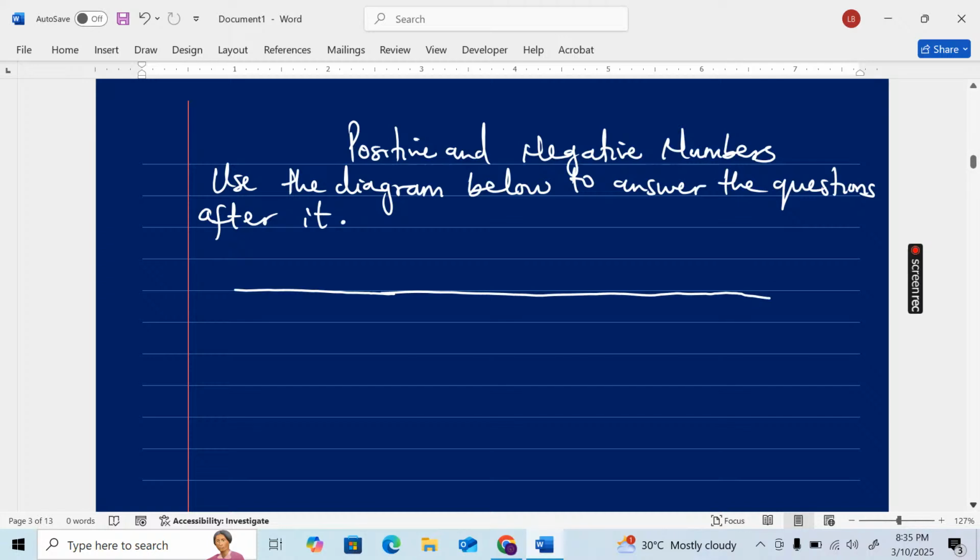Now here is the diagram. This diagram has a midpoint, and at this midpoint I have a girl standing.